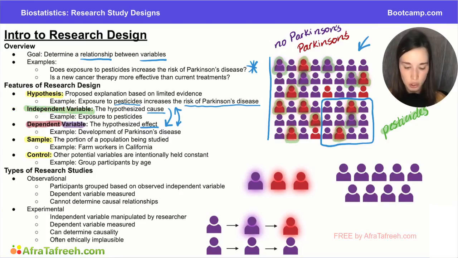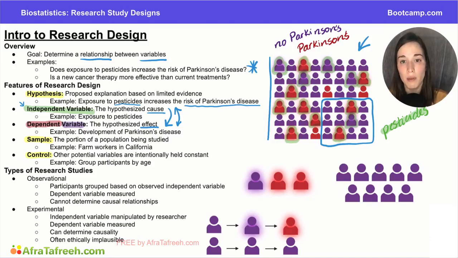The first thing you need to control for is your independent variable. This means you need to include both people with your proposed cause and people without it. In our example, we need to include both people with pesticide exposure and without pesticide exposure. That way we can compare the dependent variable between both groups, and there's context for what is going on in our exposure group.